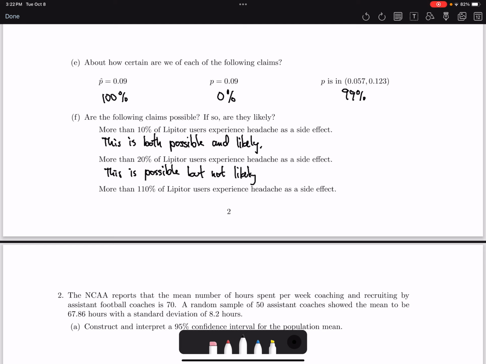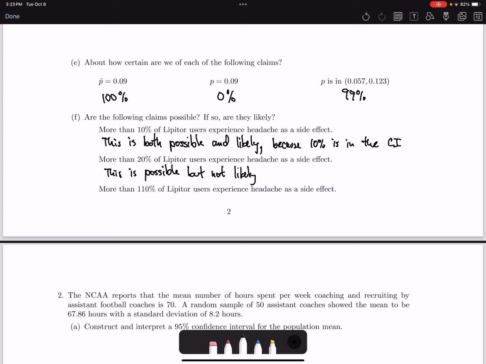And maybe I can give some justification. So let's go back to the previous one and add some justification so that when you're reviewing your notes, you know where this came from. It won't let me erase that little period right now, so I'll just make it a comma. This is both possible and likely because 10% is in the confidence interval.